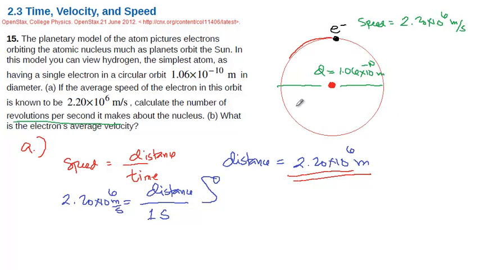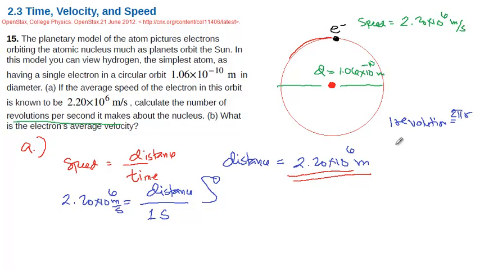So let's think about it this way. One revolution: when the electron completes a revolution, it travels a certain circumference, and that is equal to 2 pi r. I hope this is familiar already, because the circumference of a circle is 2 pi r.